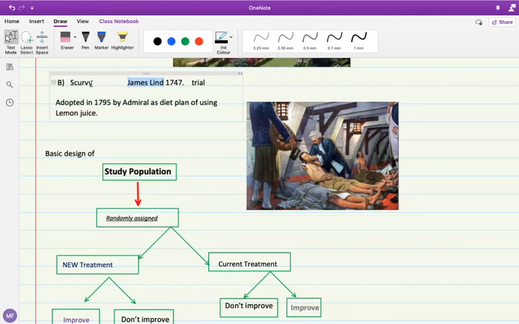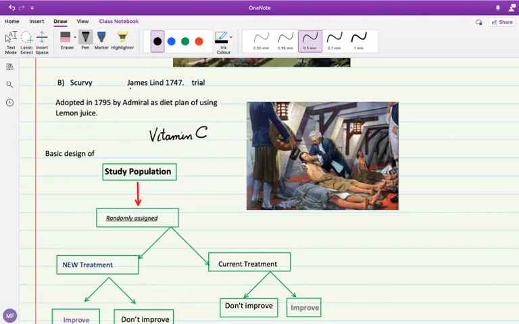Scurvy is basically vitamin C deficiency, caused by a deficiency of vitamin C. All those sailors who remained at sea for quite a long time were deprived of vitamin C, and this physician conducted a trial in which he used lemons and oranges as dietary supplements. He showed that with the appropriate intake of lemon, scurvy, which was quite debilitating at that time, could be improved.